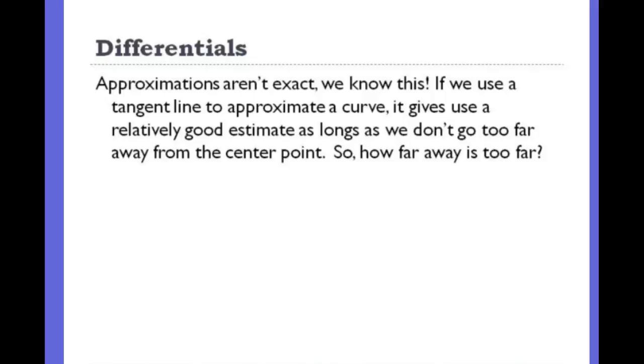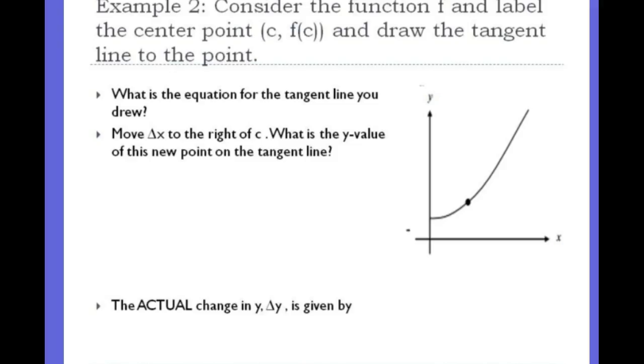So considering the function f and a point c on it, we're going to talk about how the tangent line and the differentials relate in terms of delta y and delta x. Here's our function f, and on it we have some point c.